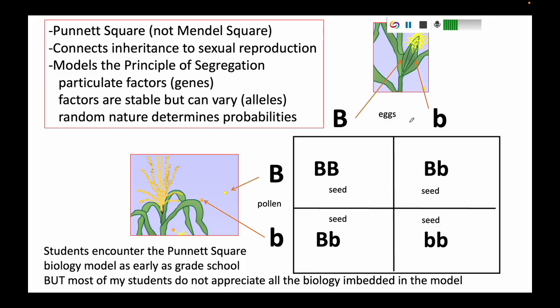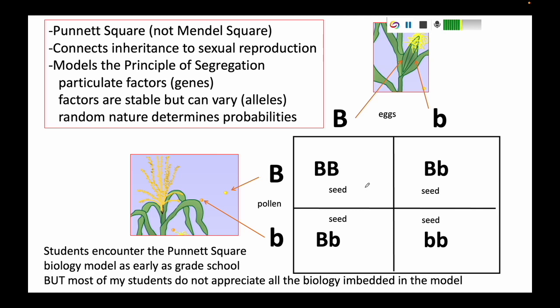The female makes eggs, the male makes pollen or sperm, and then they randomly come together when the offspring are formed. But again, my students don't often connect the seed as being the baby plant, the offspring.